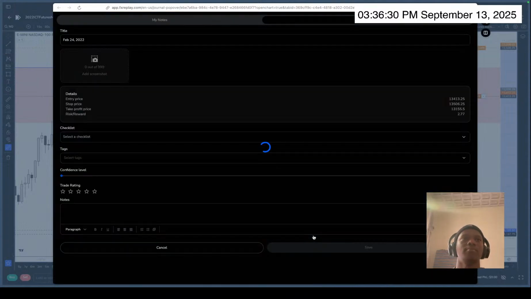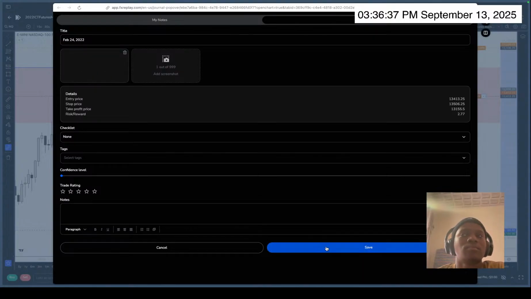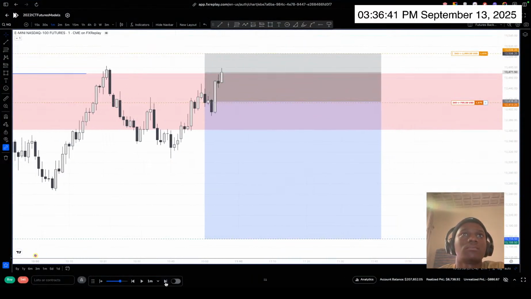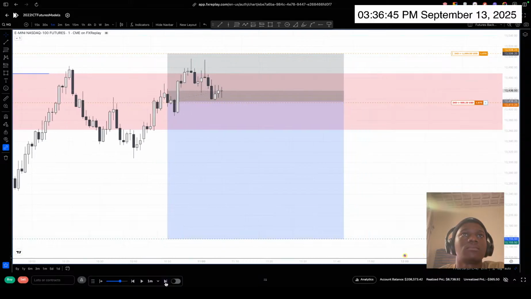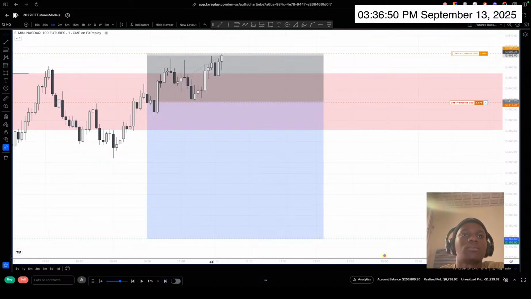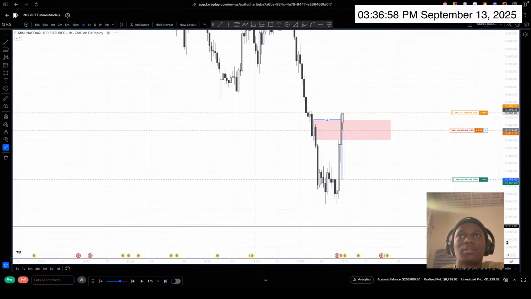It's like some kind of case study. Yeah, this is a stop out. You can see already after taking out these highs that it's looking pretty ugly.